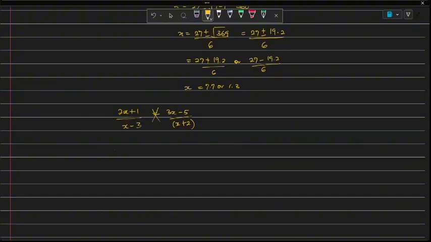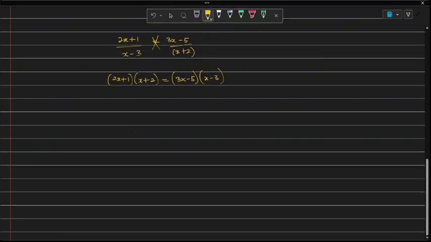So it will take us to 2x plus 1 multiplied by x plus 2 is going to be equals to 3x minus 5 multiplied by x minus 3. Now let's try and open the bracket. 2x times x gives us 2x squared. 2x times plus 2 gives us plus 4x.